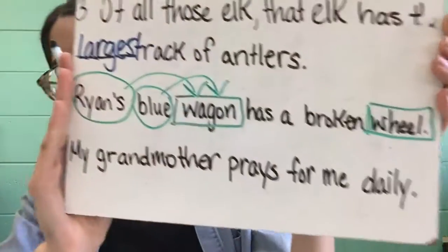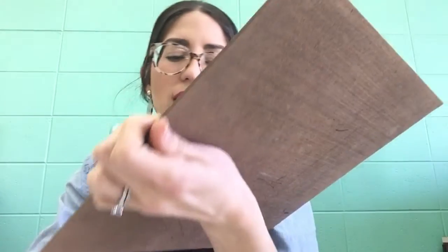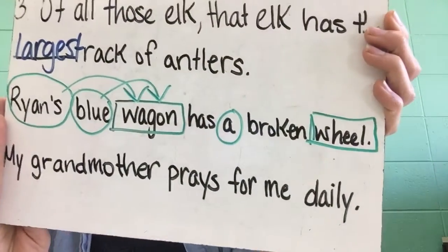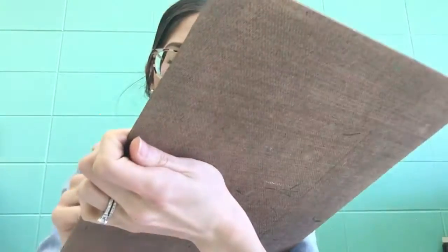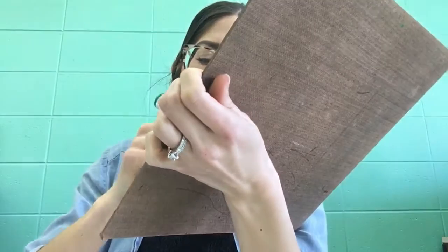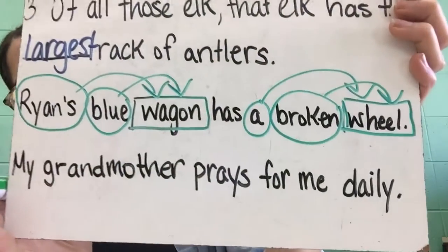All right, let's go ahead and find our other adjectives. Good. A. And what else? Good. Broken. Okay, so A and broken describe wheel. Good. So we'll draw our arrows to wheel. Just like that.